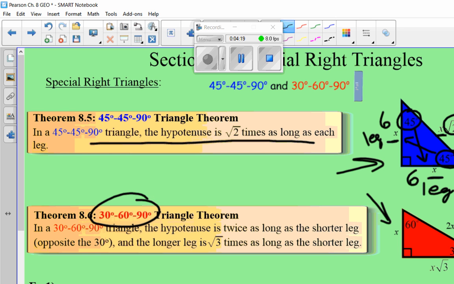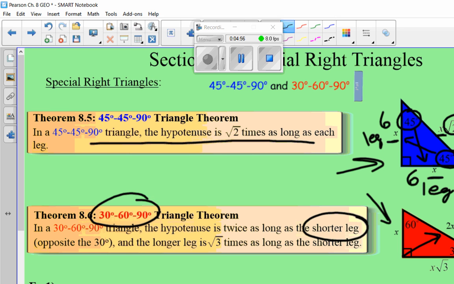The theorem's kind of too wordy for me, with legs and hypotenuses and longer legs and shorter legs, and it gets kind of confusing. So I think the picture is a little bit more understandable, and I'm just going to have you understand that the shorter leg is kind of like the key. Everything runs through the shorter leg to help me find the length of the long leg and the length of the hypotenuse.